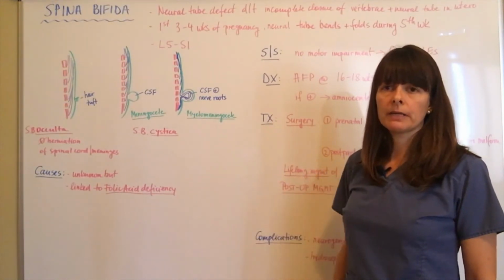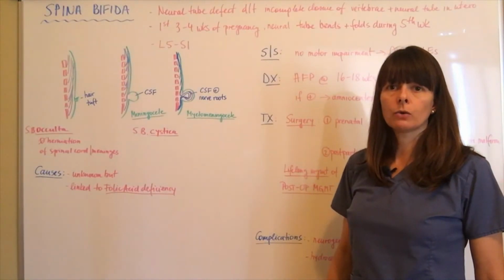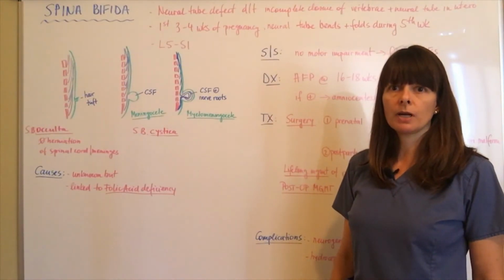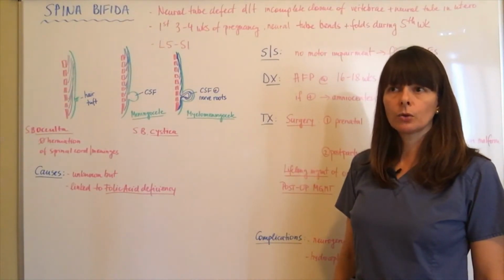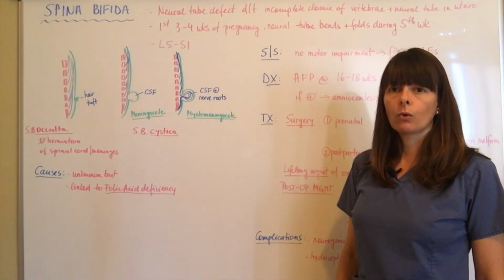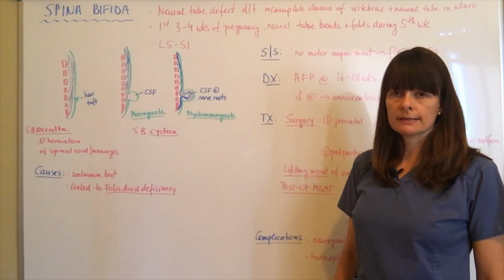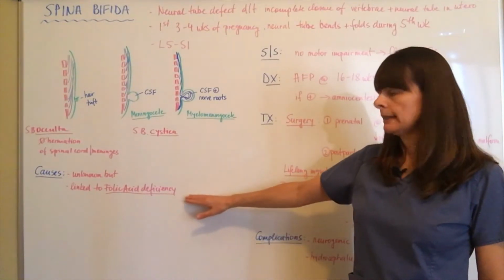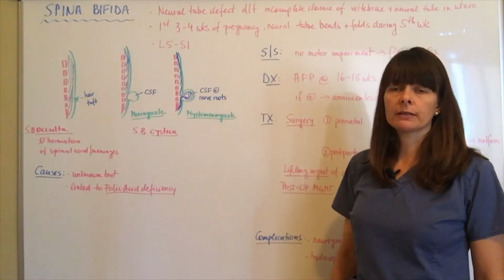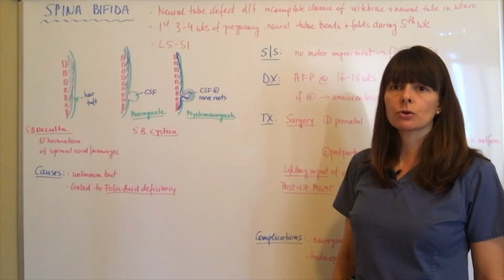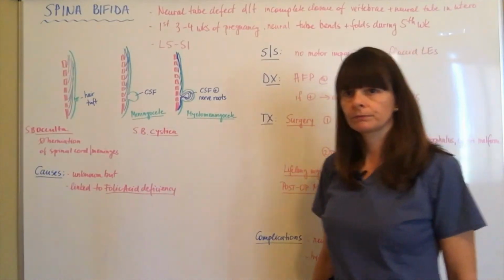Which is why the recommendation is that any woman who is trying to conceive or of childbearing age should either take prenatal vitamins, including folic acid, or just a folic acid supplement to make sure that they have enough folic acid in their system to hopefully prevent that neural tube defect that happens early in the pregnancy.